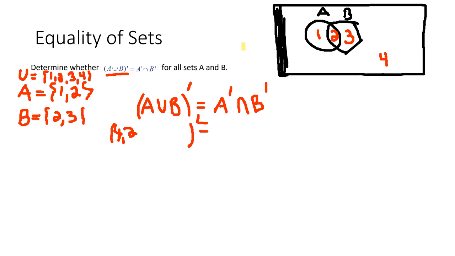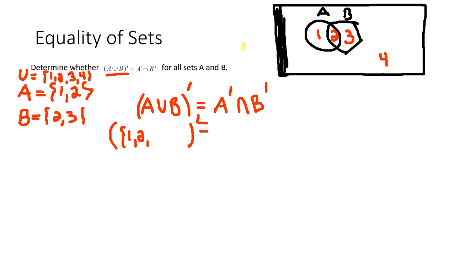All right. So here's my parentheses. And so my set is everything in A, which is 1 and 2. And then we have union, so that's everything in B, which is 2 and 3. I already have the 2, so I have my 3.